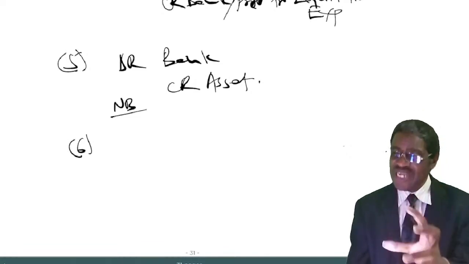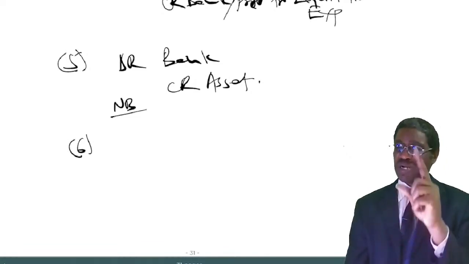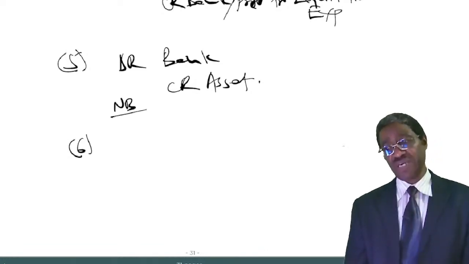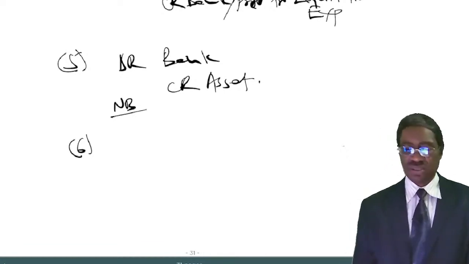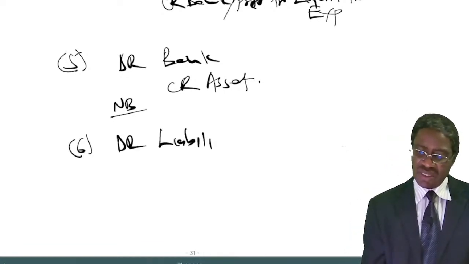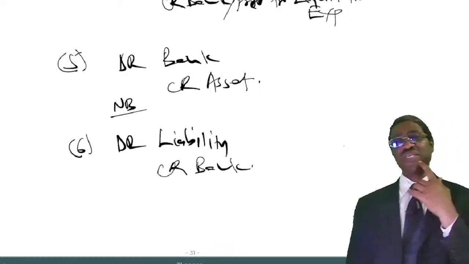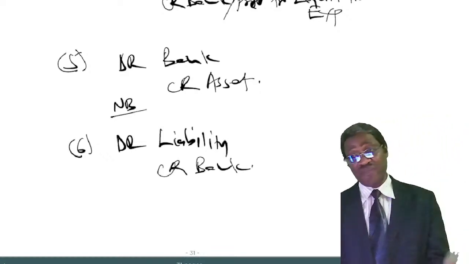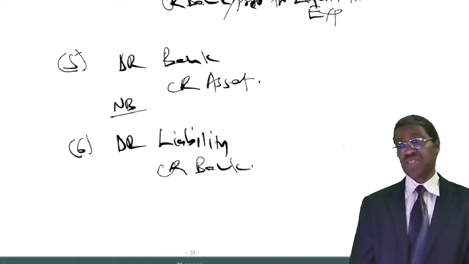Debit liabilities, credit bank. So whichever liability was paid, debit that liability and credit bank.